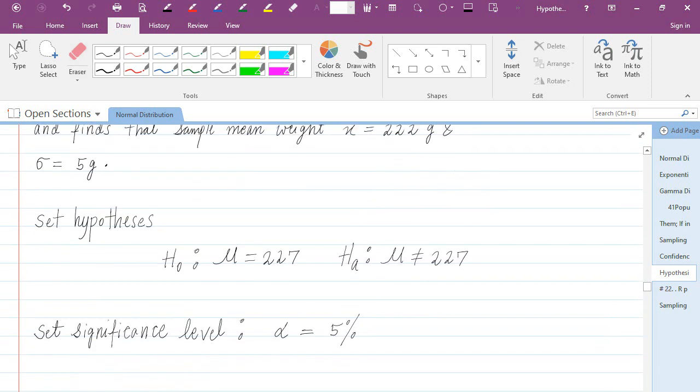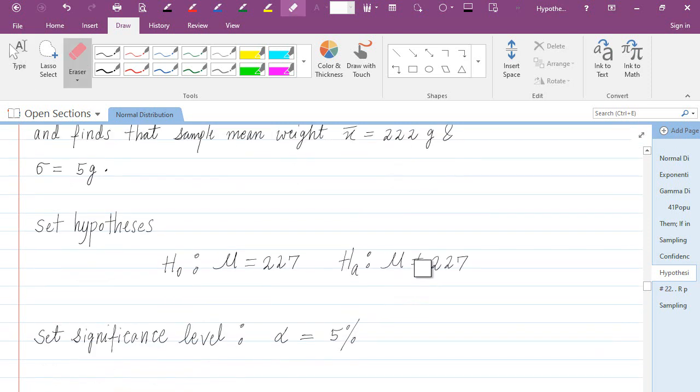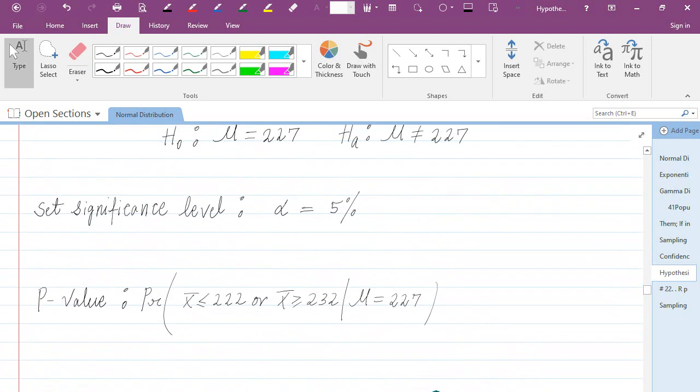Well, because we are doing a two-sided test, we're asking what's the probability that the sample mean is less than or equal to the observed one, but also the distance between the observed sample mean and the claimed population mean is 5.